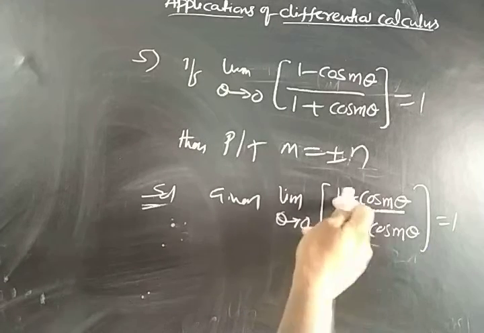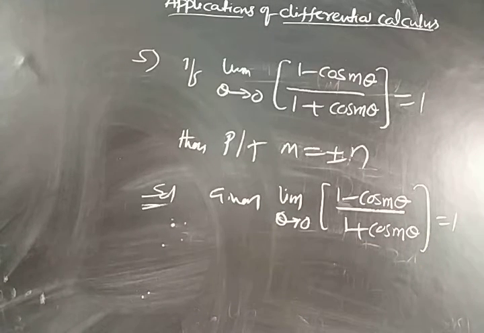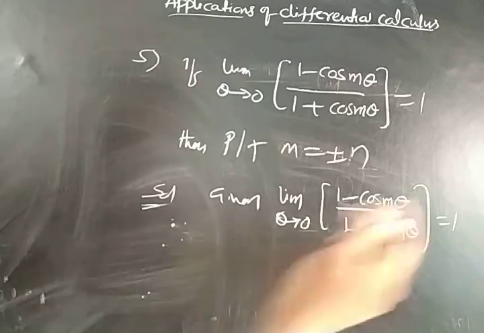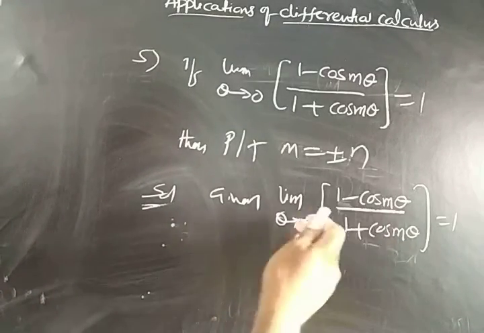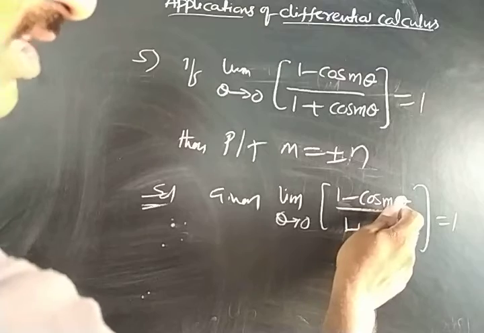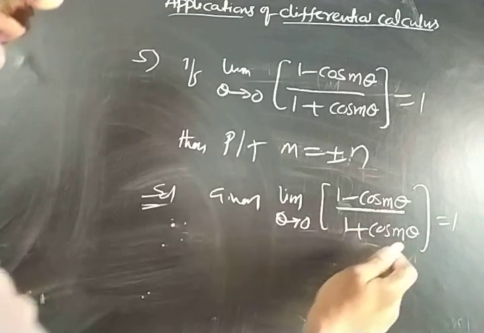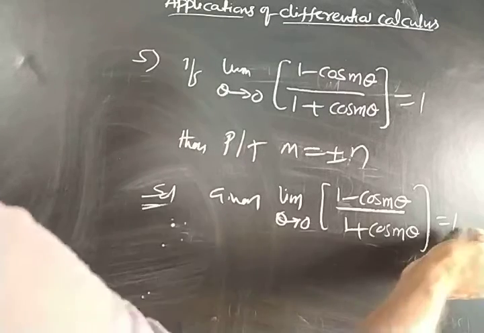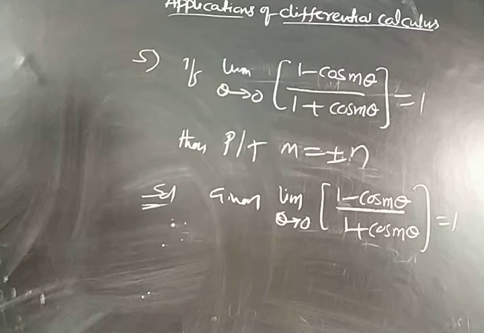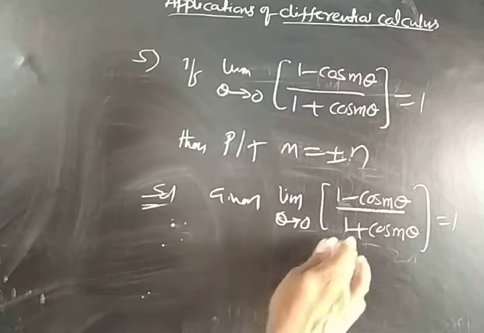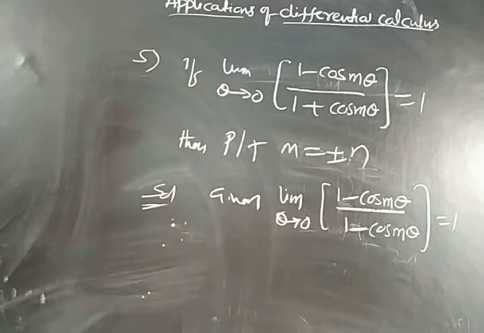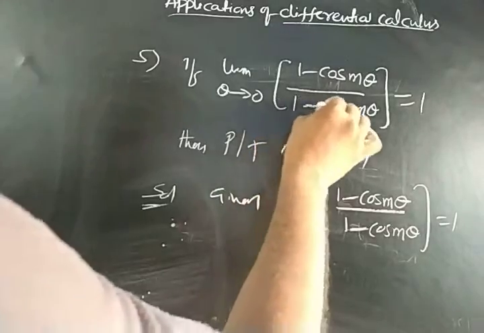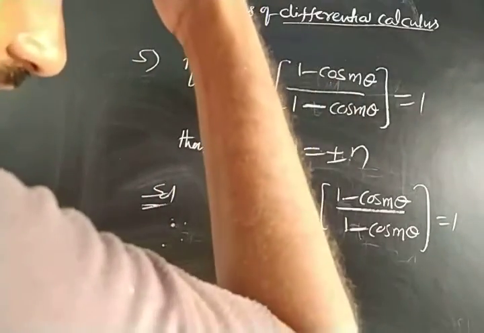By substituting theta equals 0, cos 0 is 1, 1 minus 1 is 0, and in the denominator also 0. Sorry, here the sign is minus, not plus. This is minus, not plus.